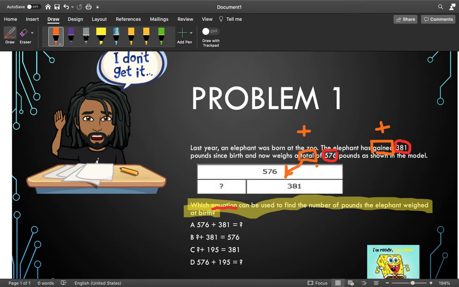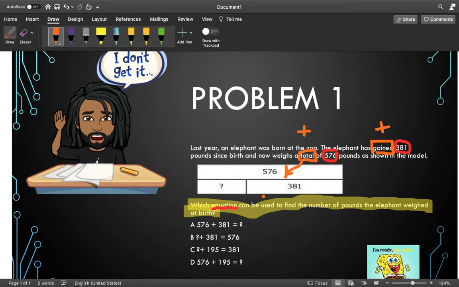So a total of 576 pounds as shown in the model. Now, which equation, we already covered that, can be used to find the number of pounds the elephant weighed at birth? All right. So now we already know that we're dealing with addition. So we're going to look at each equation and see which one can actually help us find out what our unknown quantity is.